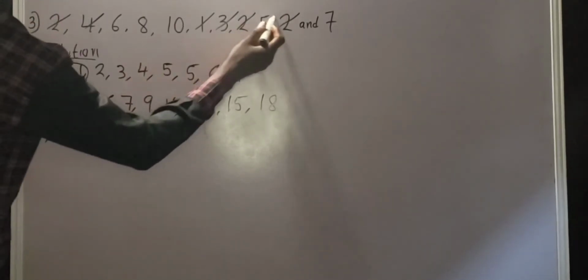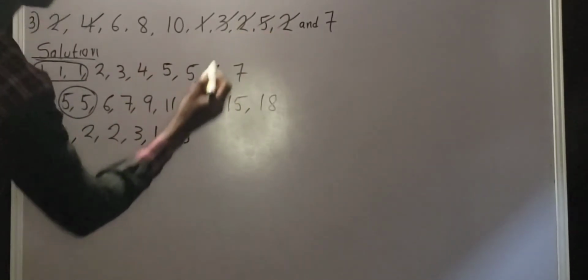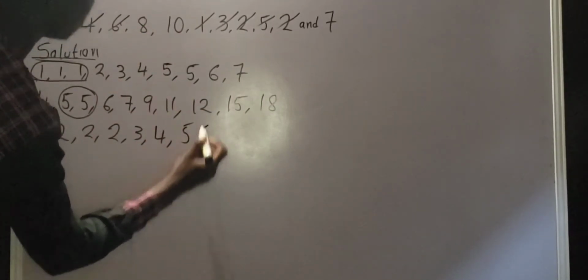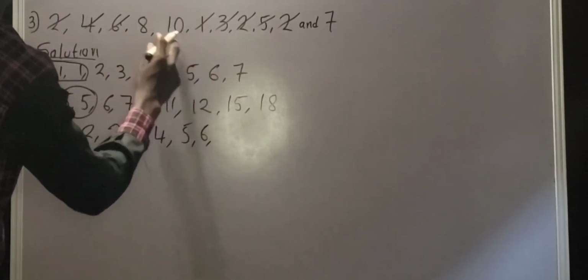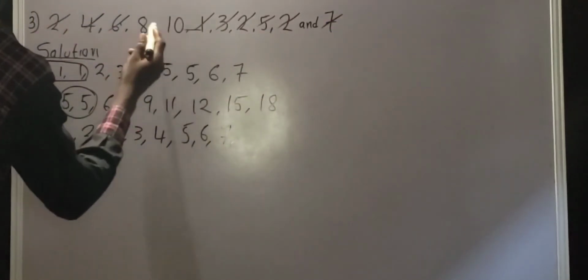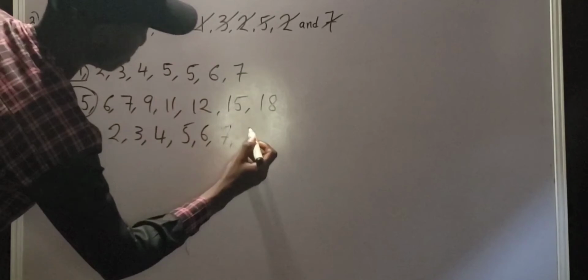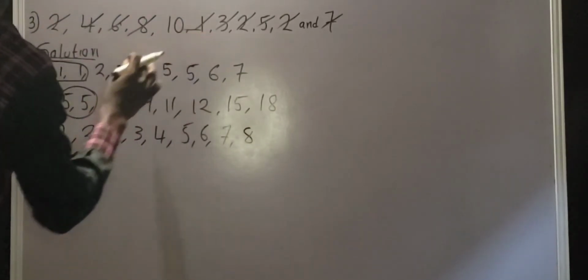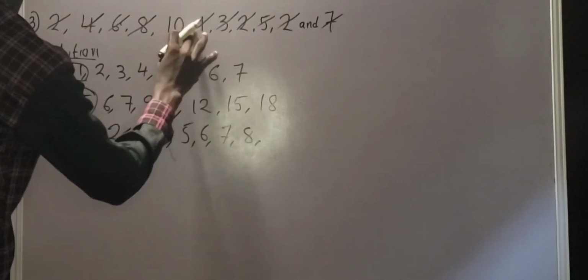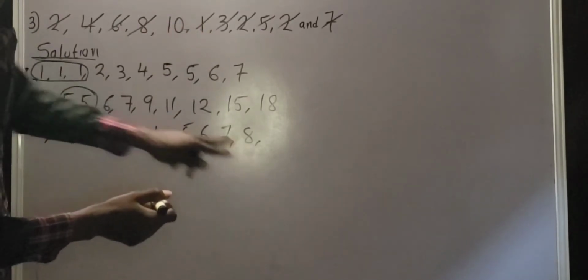What of 5? There was one 5 here. 6, 6, 7, 8, 8. Then, sorry, I mean 8 followed by 10.